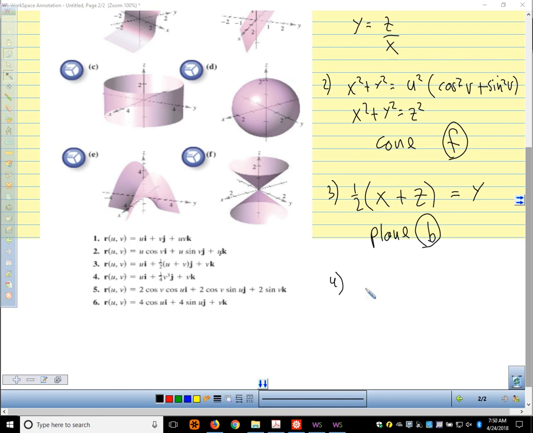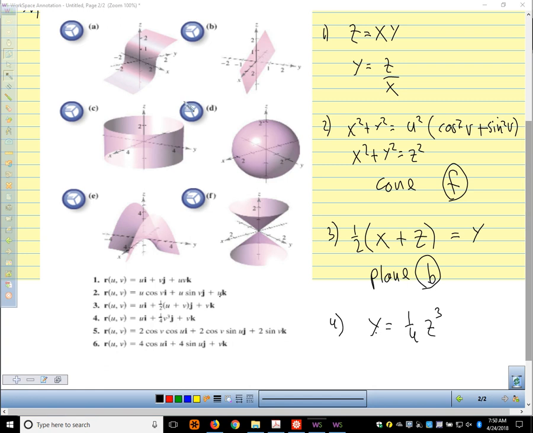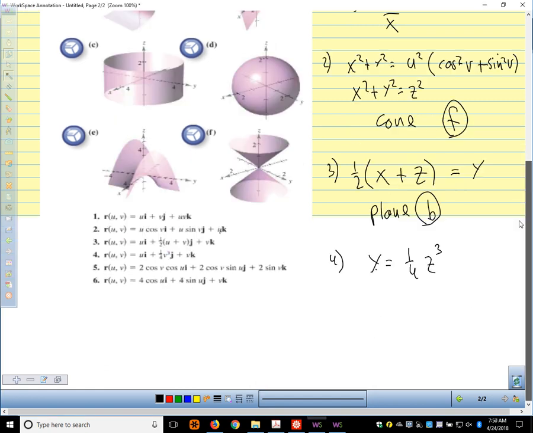Y equals 1/4 z cubed. So we have a cubic relationship between y and z. So that has to be A. Cubic.